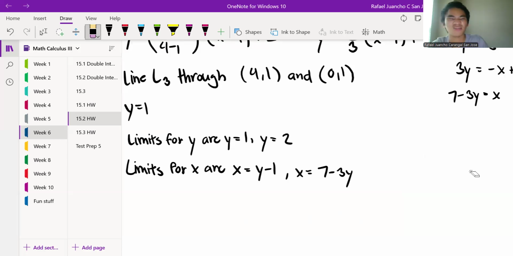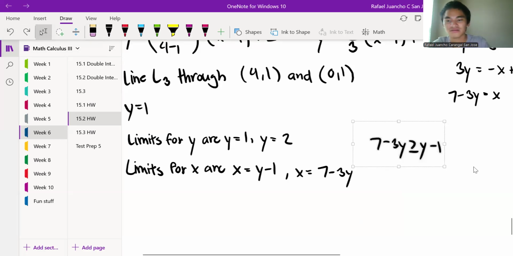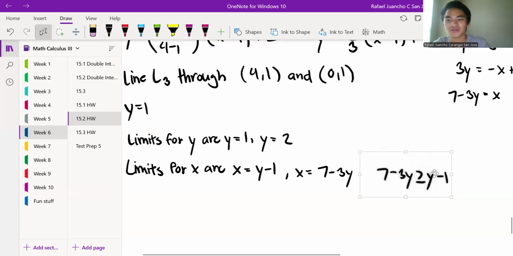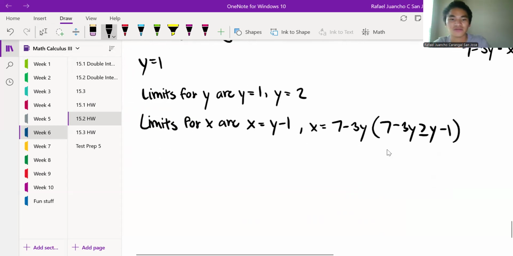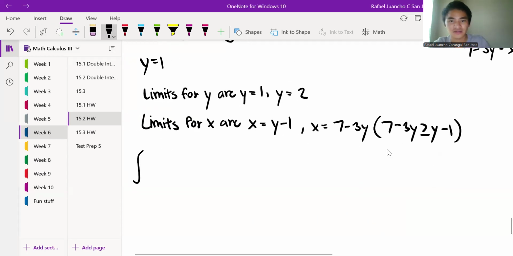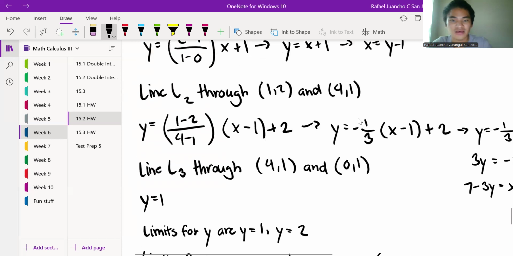So depending again on which one is bigger. And so for the most part, this is going to be bigger as my y reaches 2. So that's the indicator that, okay, this works. So we do 1, 2, integrate with respect to x first. This is y minus 1, 7 minus 3y of my function.